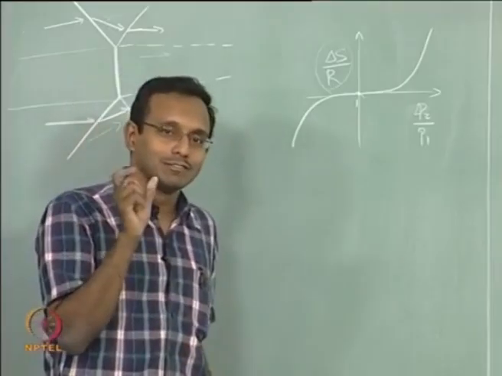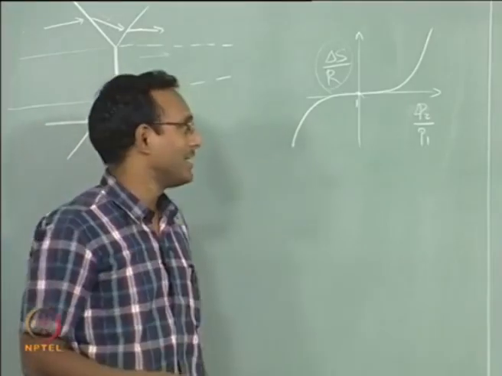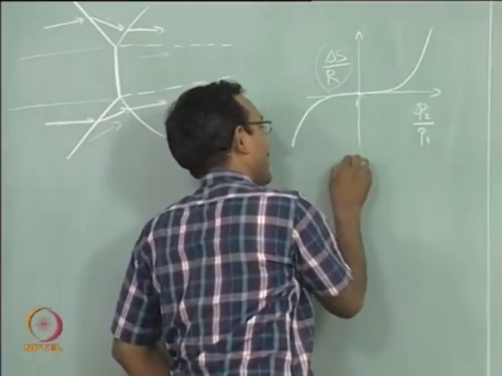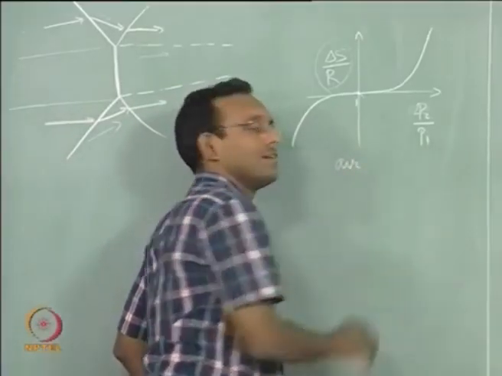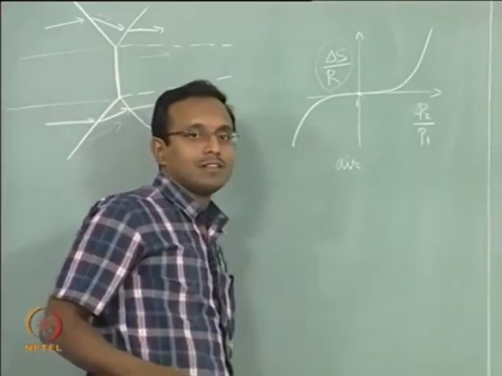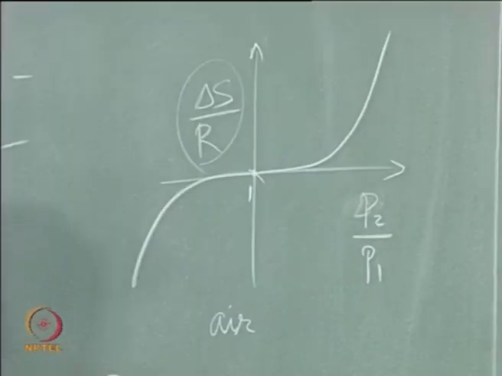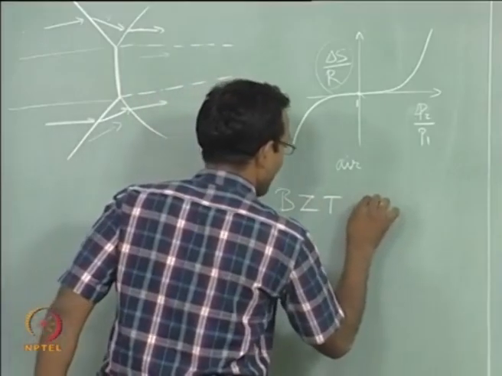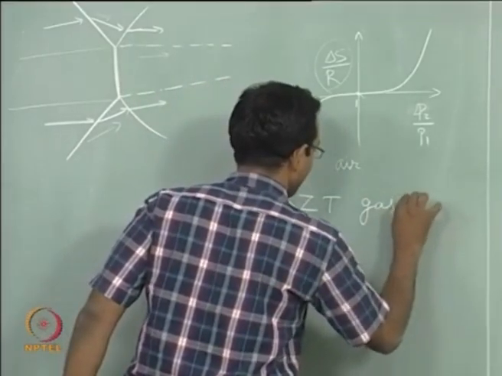But I also gave a caution statement there saying this is for our kind of gas, air, and most of the common gases will follow this type of curve. There are special gases, I gave the name at that time also, BZT gases.